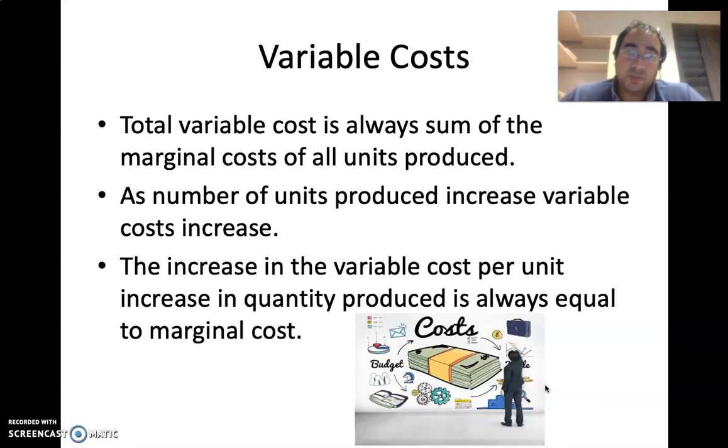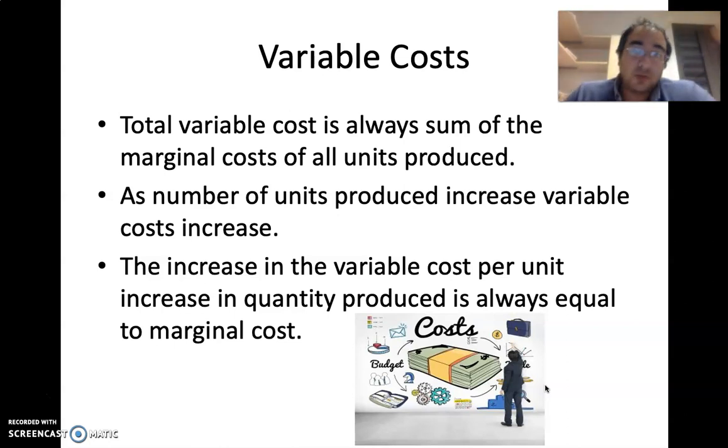Variable costs. Variable cost is basically the sum of all marginal costs you produce. Total variable costs, I mean. Because if we produce 1 unit, the cost that is added by this 1 unit is the marginal cost of that unit. If you produce 2 units, the cost of the second unit is the cost added by the second unit.